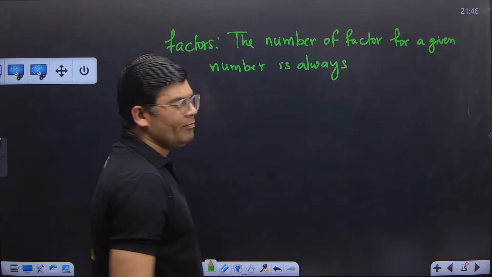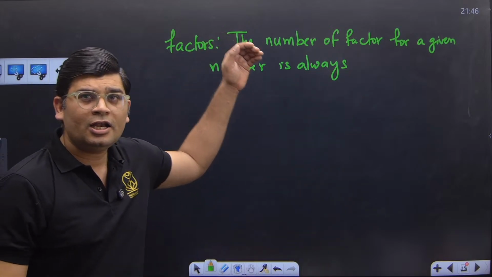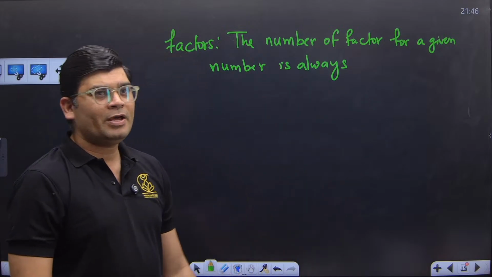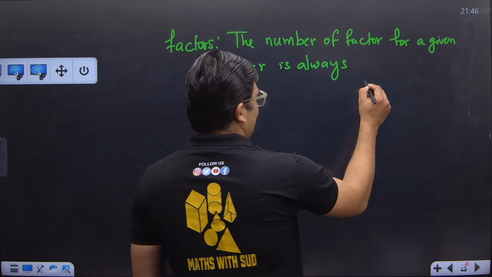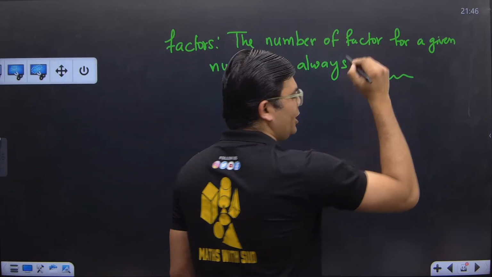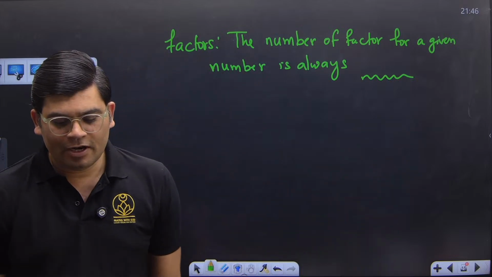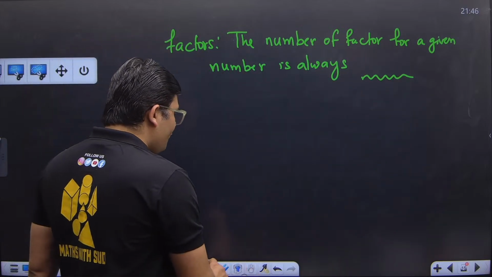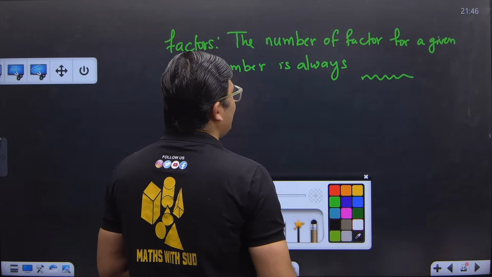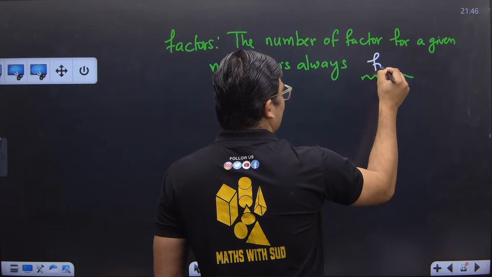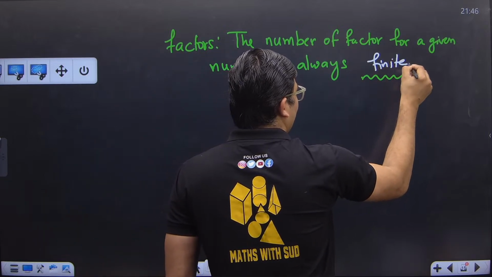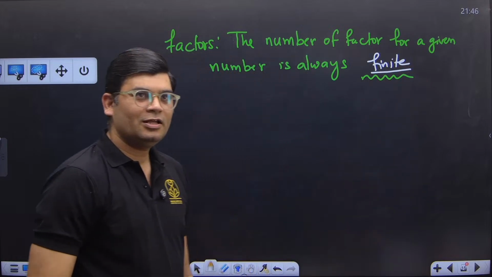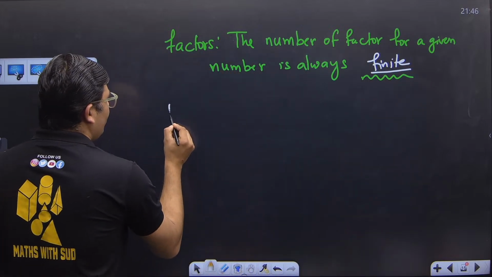The question may come in assertion and reasoning. The number of factors for any given number is always finite. Very good, finite.